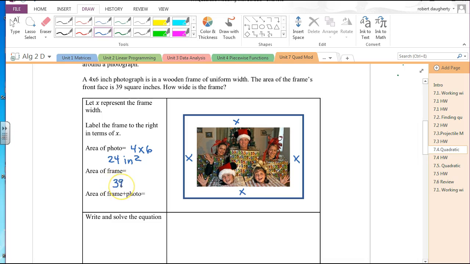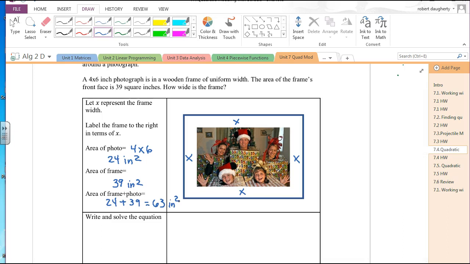Is that what it says in your book? 39 square inches? That's the area of the white area, the white frame or the mat area. Okay. How would I find the area of the photograph plus the frame? Yeah, that's 24 plus 39, which equals 63. So that's the total area of the picture and the frame all added together.